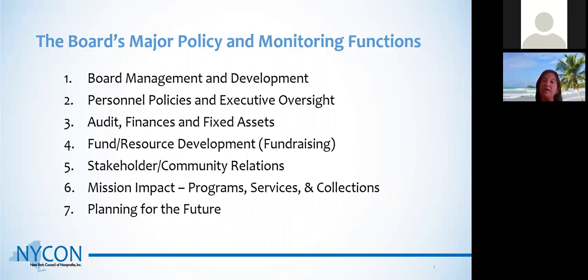But you want to think about the board's responsibility and the board's composition in terms of an area of expertise around human resources. If you have staffing, the board sets personnel policies. The board oversees the executive director and needs to evaluate the executive director. So it's helpful to have people with some HR experience. The board obviously is responsible for the organization's finances and fixed assets.